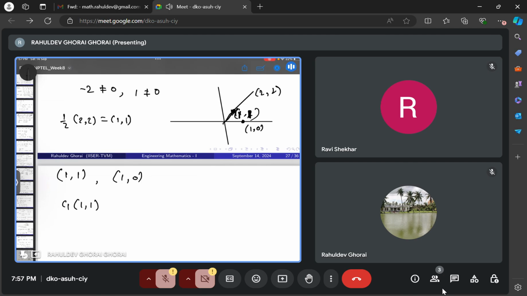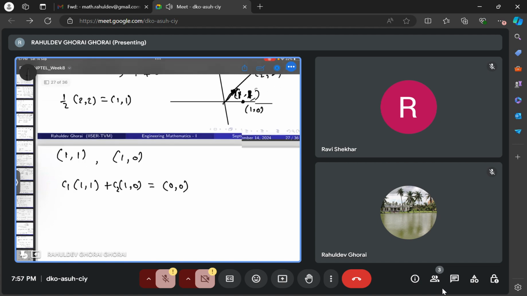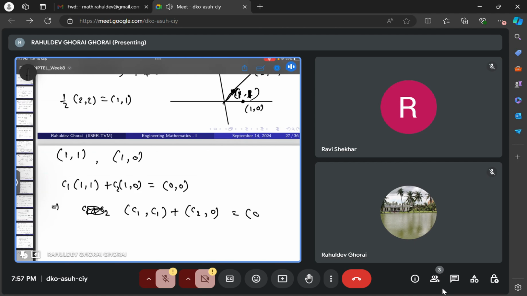If we multiply (1,1) by C1 and (1,0) by C2 and set the sum equal to (0,0), that gives (C1 + C2, C1) equal to (0,0).